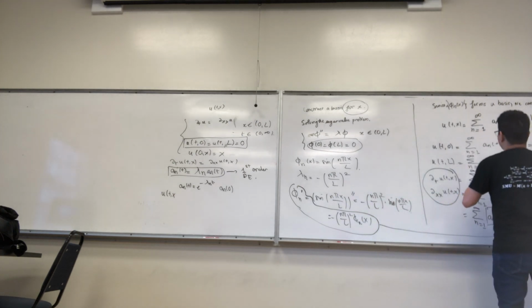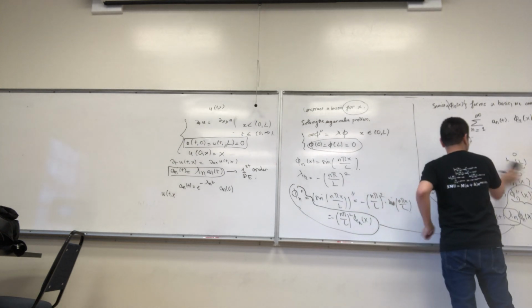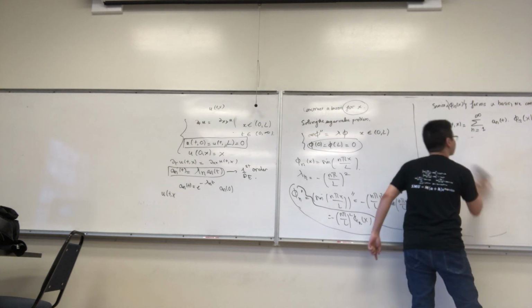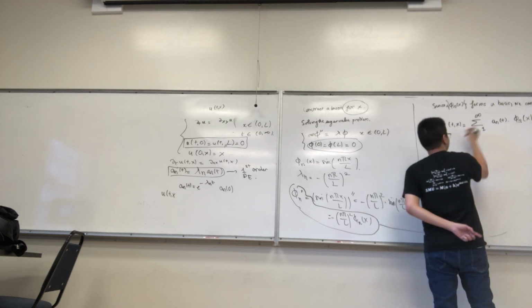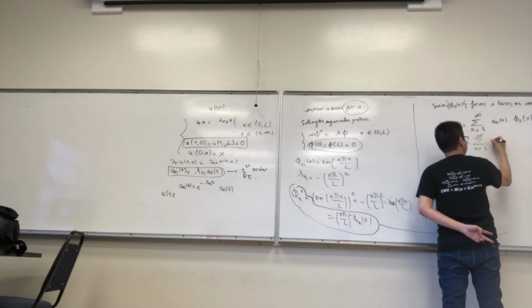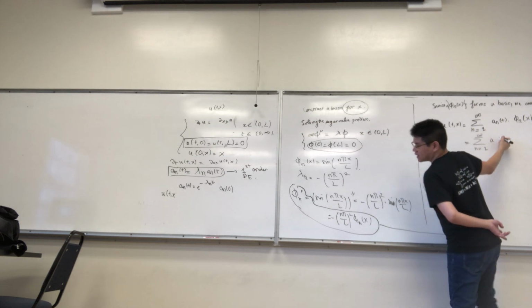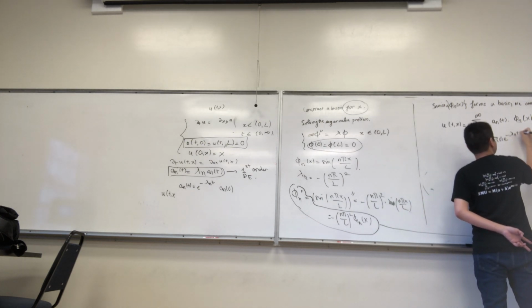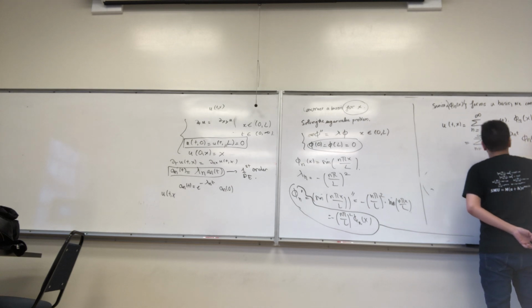So let me erase here. So this is going to be the sum when n is going from 1 to infinity of a_n(0) times exponential minus lambda_n t phi_n(x).